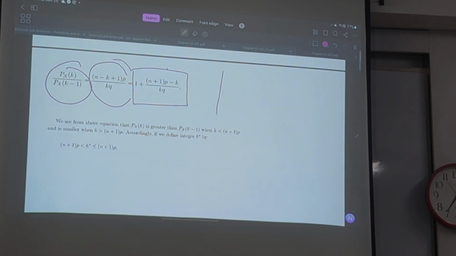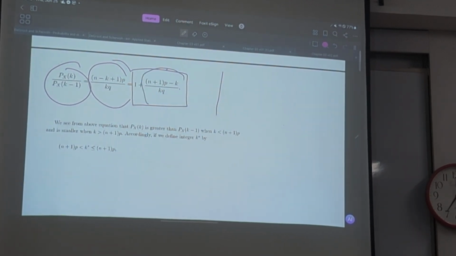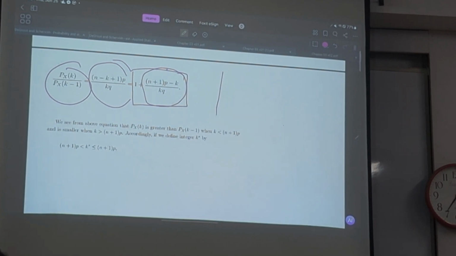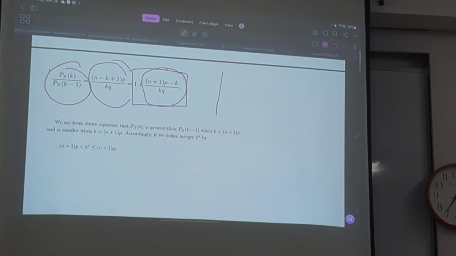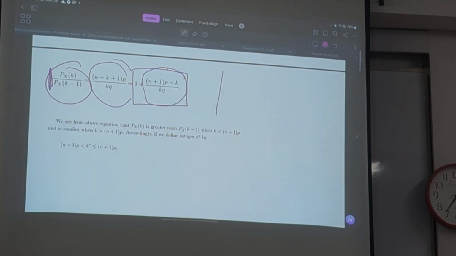It will be greater than 1 when this quantity is positive. And when this quantity is negative, it will be less than 1. And when this quantity is 0, then both of the terms are equal, because the ratio is equal to 1.